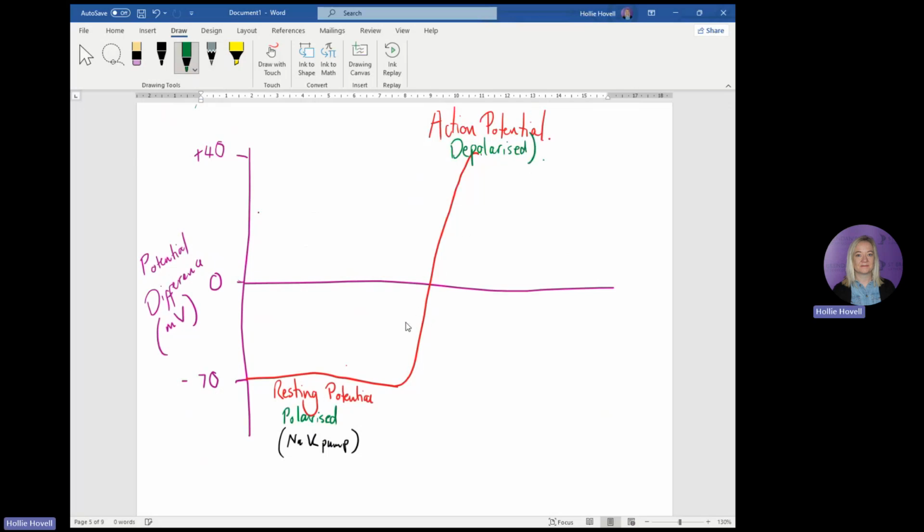Now, on the journey up there, as this was increasing here, we could say that the membrane is depolarizing. And the way that it depolarized is by opening the sodium channels. So now we need to bring this action potential back down to resting potential. Now it actually always overshoots before settling at resting potential again, but we can label the resting potential here.